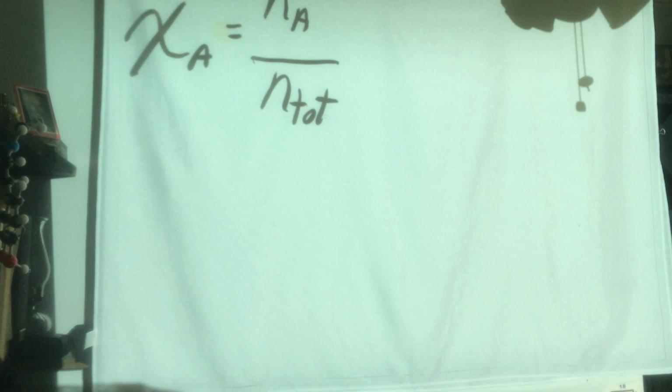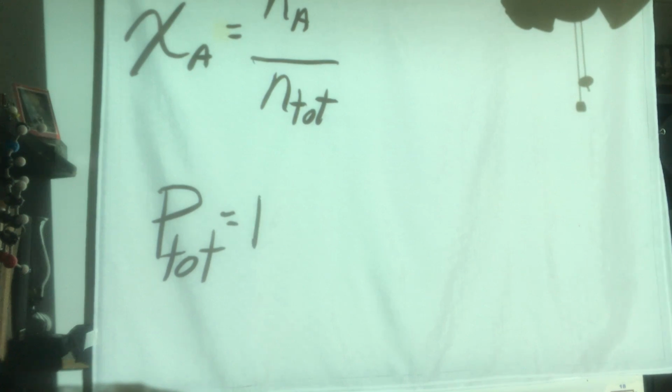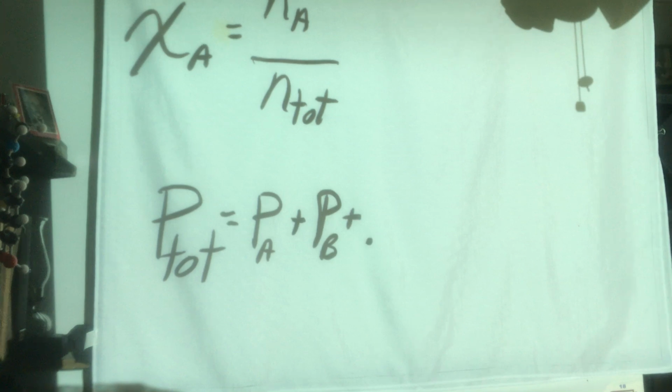Just take a moment and remember John Dalton and his law of partial pressures, that the total pressure of a mixture of gases is equal to the individual pressures, what we call partial pressures, of the gases contained in the mixture, and many others if necessary.